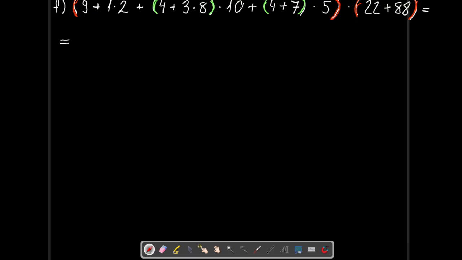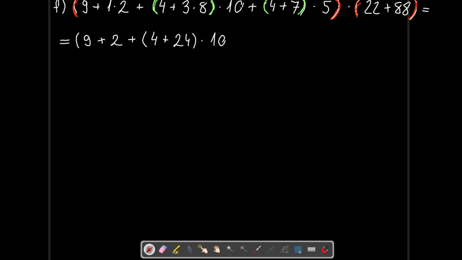So the first red bracket, 9, okay, plus 1 times 2 is 2, 4. Let's do the multiplication first inside of this bracket. 3 times 8 is 24.